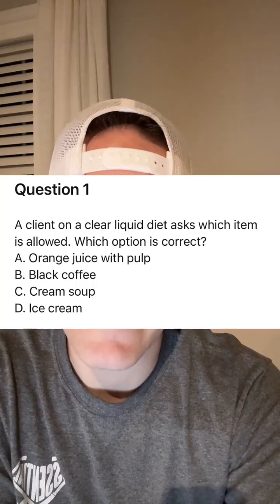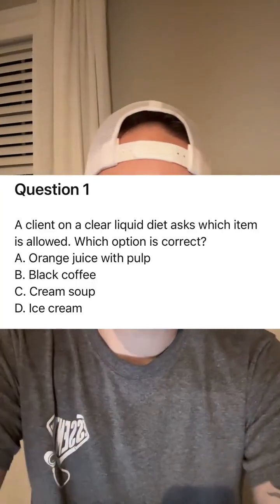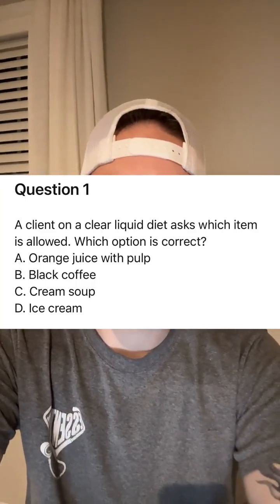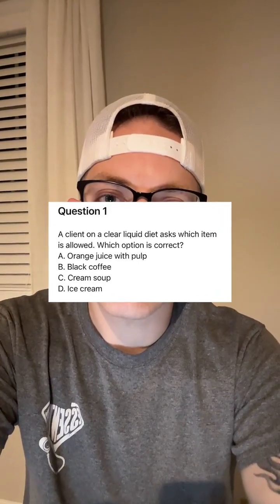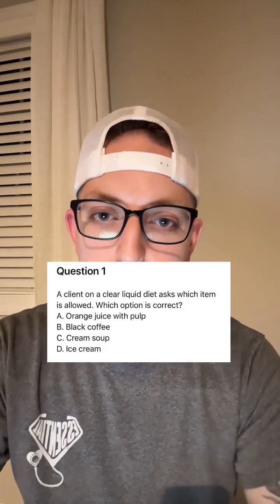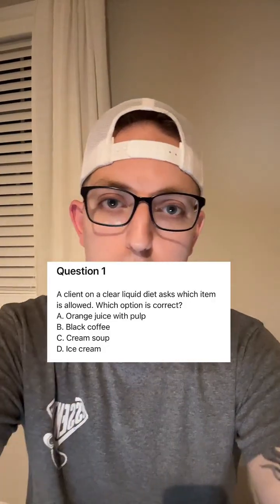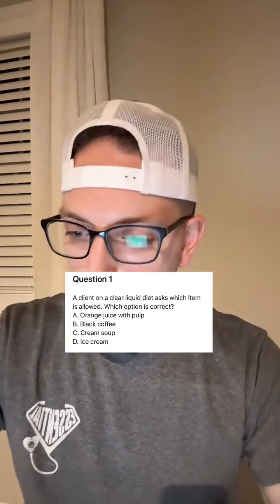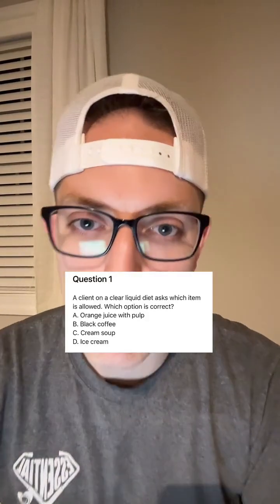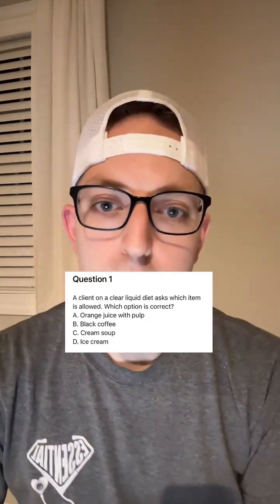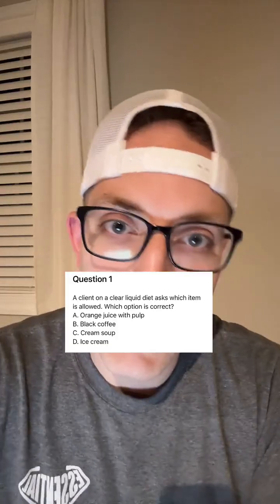These first 10 are supposed to be easy, basic recall type stuff. We're going to try to get through 60 in an hour. After each 10, we will do a little refresher for the group that maybe just came in. All right, let's jump in.